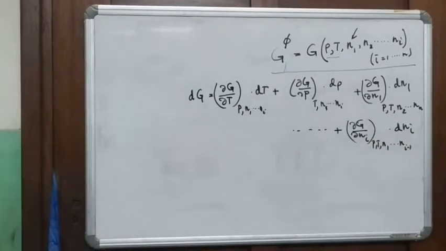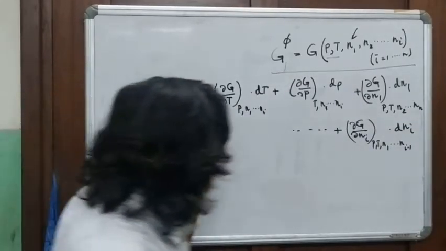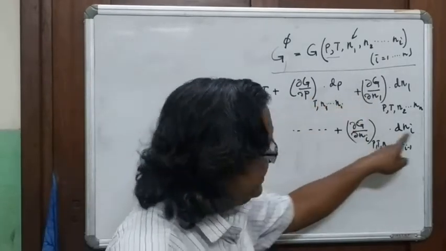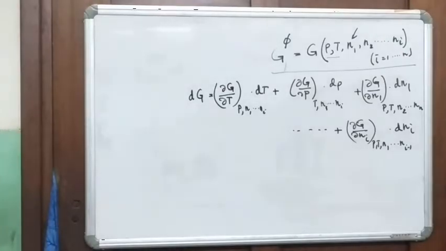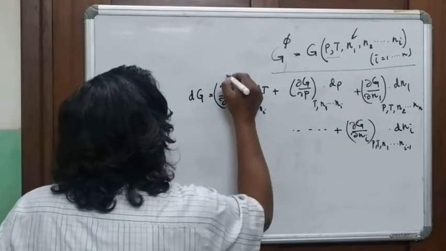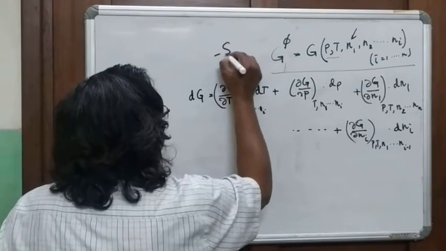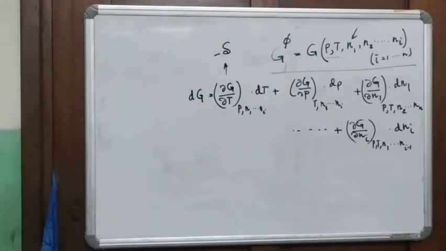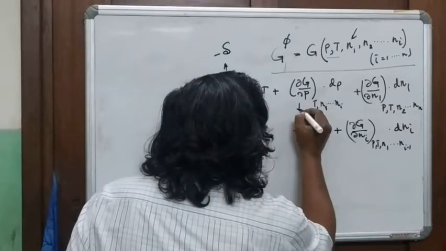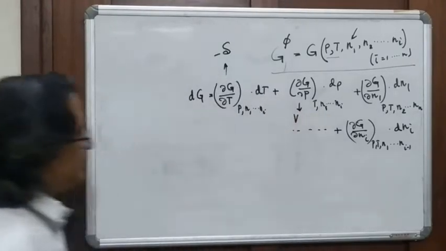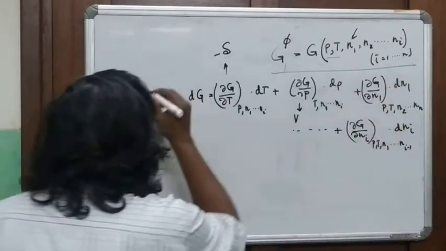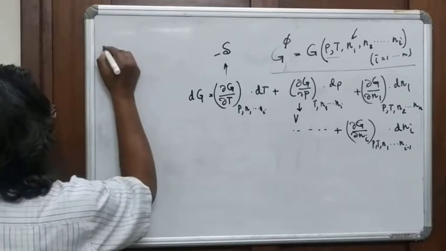this is how it goes. The derivative of this is essentially several partial derivatives. So essentially, this expression here is given by minus S, which is called the entropy of the system. And this one here is called the volume of the system. And this one here, I will write it a little more clearly.